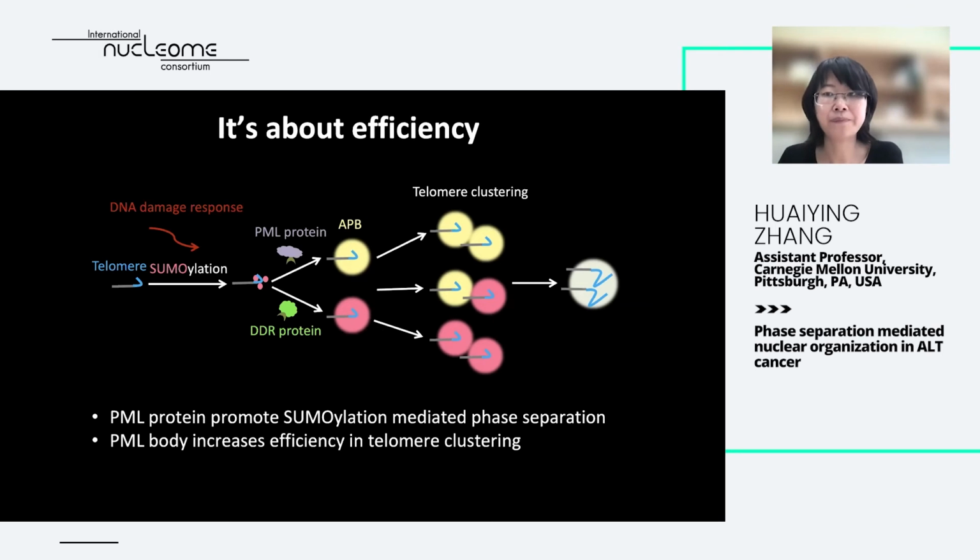So there's another driving force for protein interaction. And the existence of PML bodies, with the ability to fuse with a SUMOylated telomere, facilitates the efficiency of telomere clustering, which is important because the cells have to undergo telomere maintenance in G2 before they go to the next cycle of mitosis.